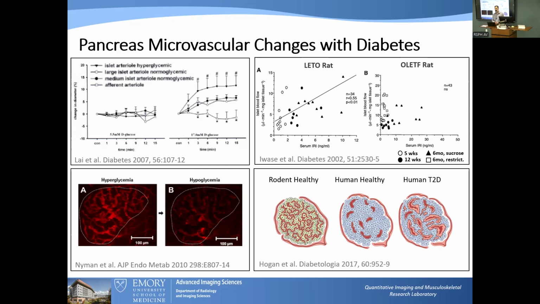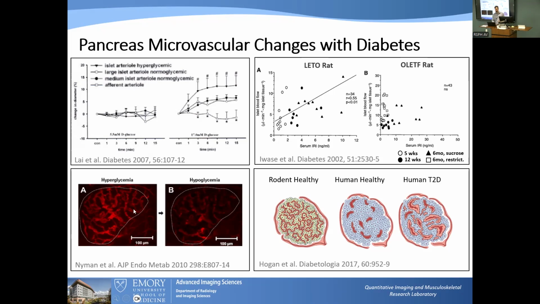The vast majority of studies that are out there have been performed in animal models, which are fantastic because we can do these destructive measures. For instance, on the bottom left, this is a confocal study of an actual in situ islet of a rodent model, showing that during exposure to elevated glucose levels, there's an increase in blood perfusion capillaries.